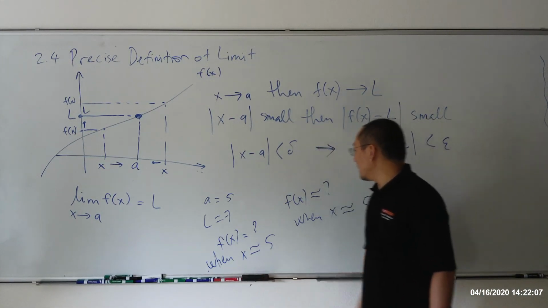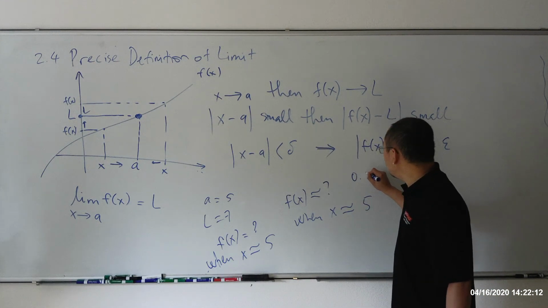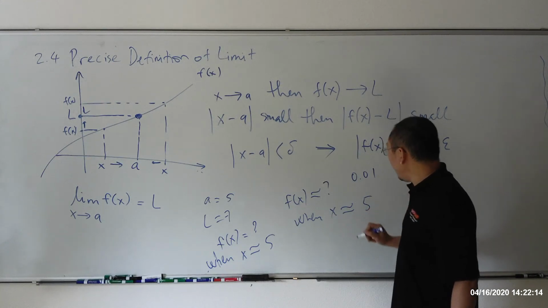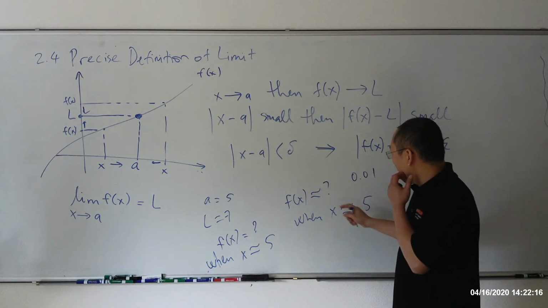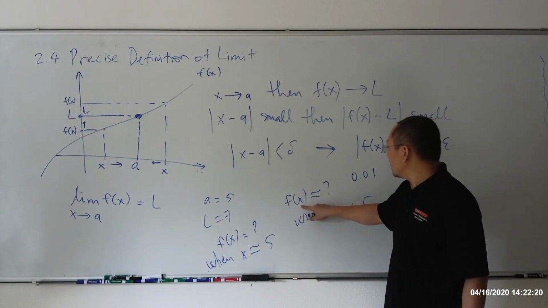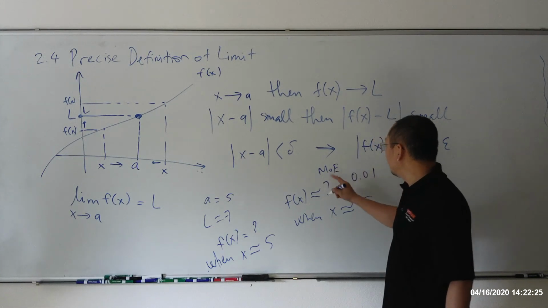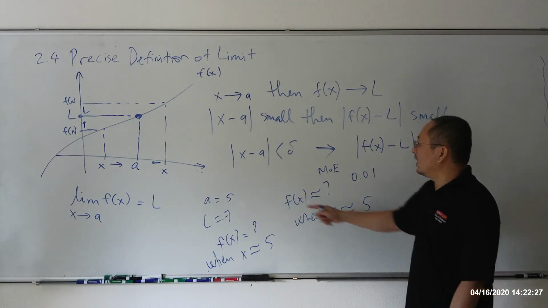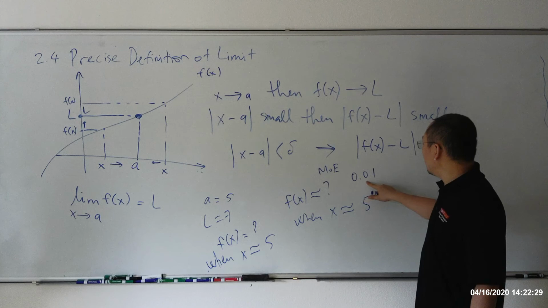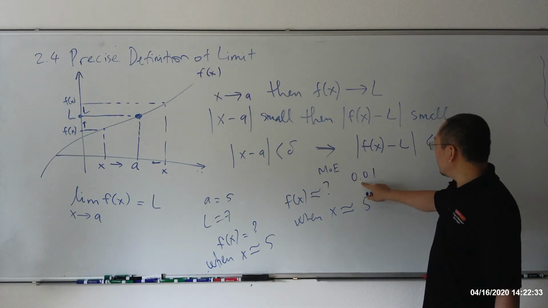Okay, and say that I want my approximation to be within 0.01 of error. When x is close to 5, I want to approximate f of x within that much error. In statistics, it's called margin of error. In this particular example, if you say 0.01 as a margin of error for f of x, that means epsilon is about 0.01.